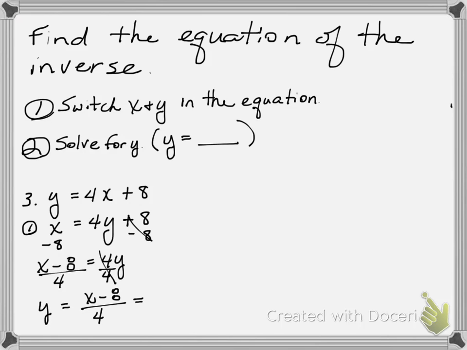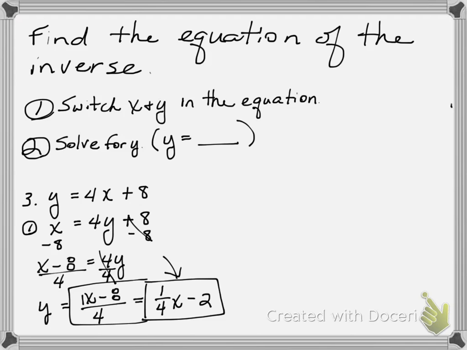Now, if you need to graph it, you need to put it in slope-intercept form. So the way you're going to do that is divide each of these by 4. That's a 1x since there's nothing in front. So that's going to be 1/4 x minus 2, and that is y equals that. That would be an easy equation to graph. I will take either one of these answers, but this one is the one you're going to need if you have to graph your inverse.